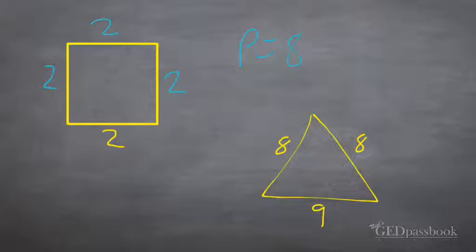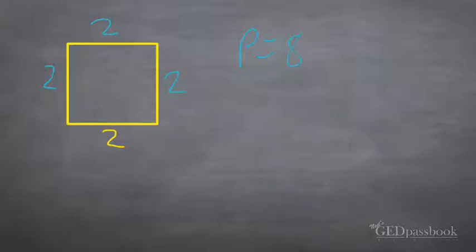Sure, you could use the little perimeter of a triangle formula, but again, all you ever have to do to find the perimeter of 2D shapes is add up all the sides, which means all you have to do is 8 plus 8 plus 9. That's straightforward. Any 2D shape that's given, except for this circle, but I'll get there.